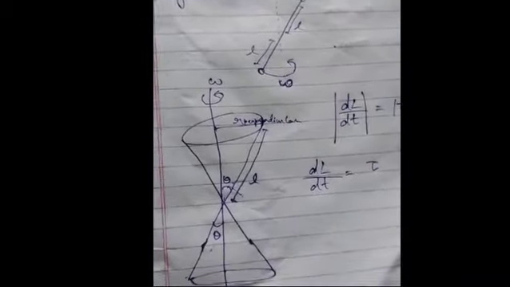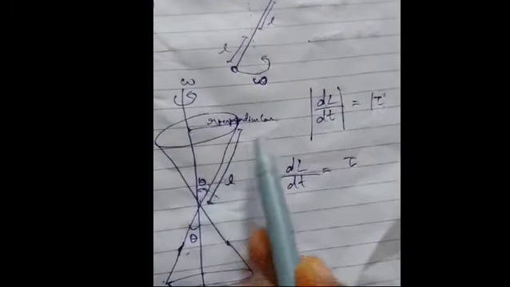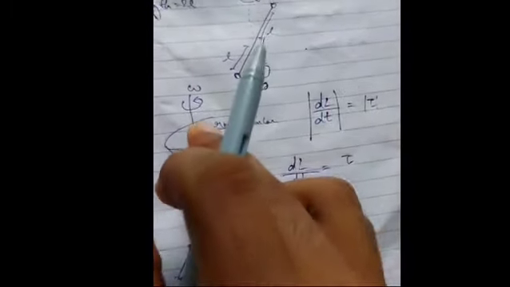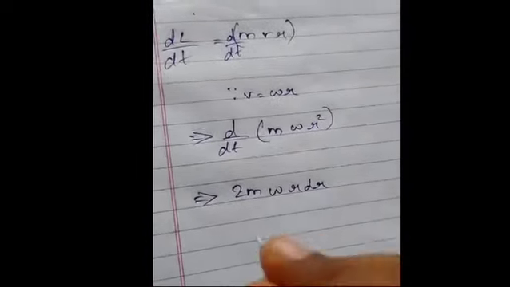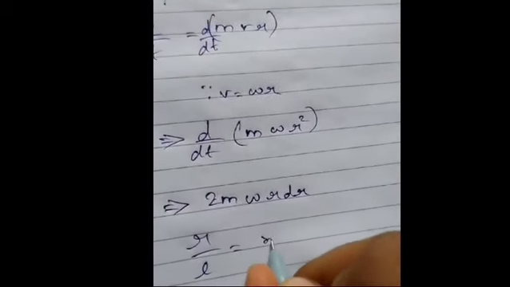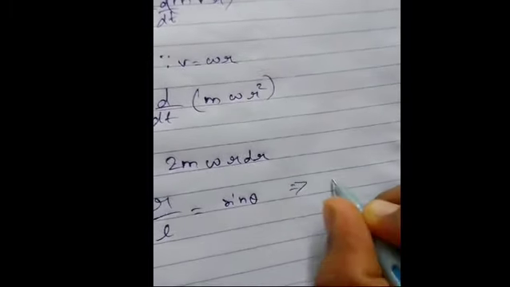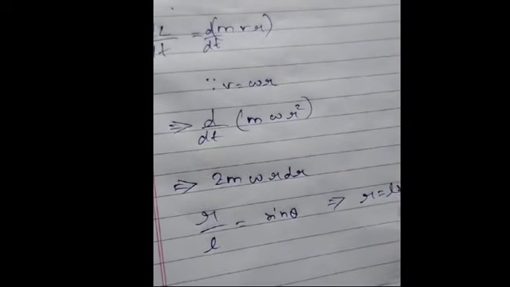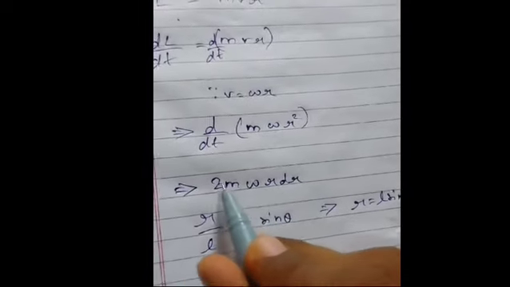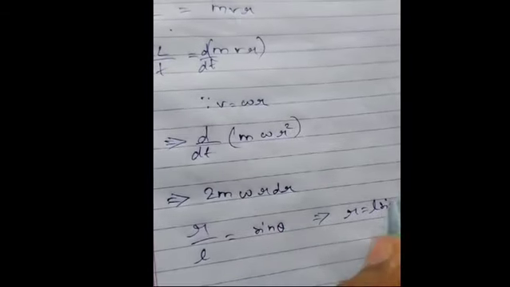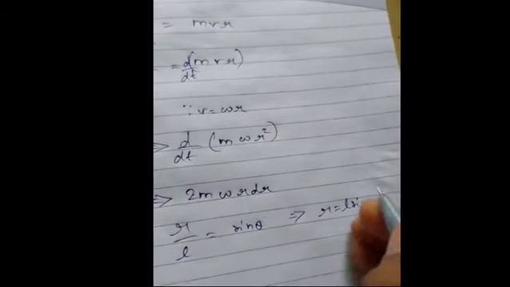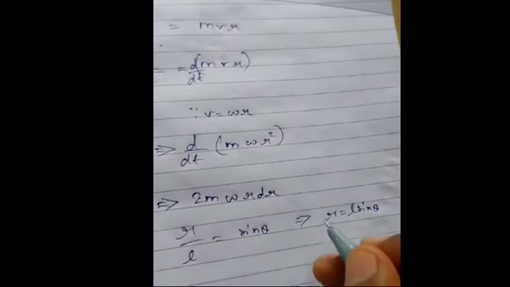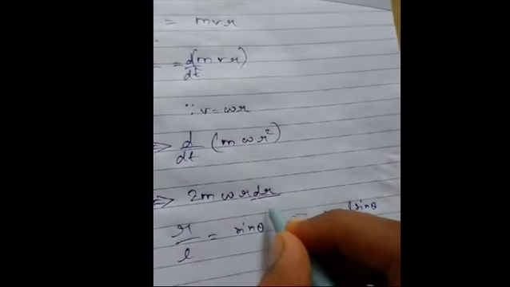So here's our diagram. We have an angle theta and the length L with a perpendicular distance r. From the above diagram, we can thereby write r by L is equal to sine theta, and from here we can write r equal to L sine theta. Now we have r. So as we have differentiated this equation, we have dL by dt as 2m omega r dr. So with r we'll find dr. Sorry, this is going to be dr by dt.